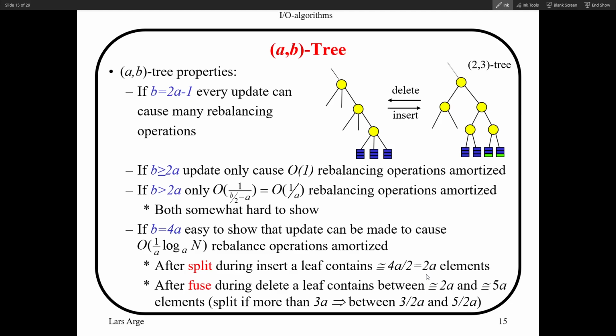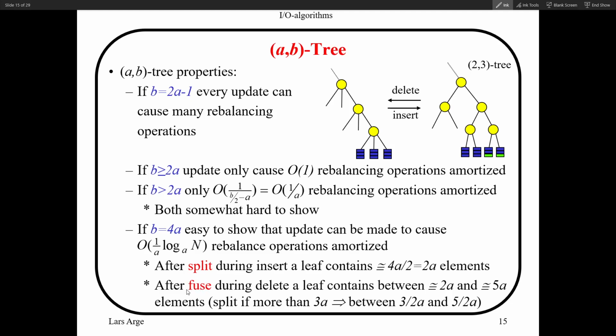Okay. So therefore we could allow it to have a potential of A elements. If a leaf node has 2A elements, then we can do at least A deletions and at least 2 times A insertions before we need to do some operation.